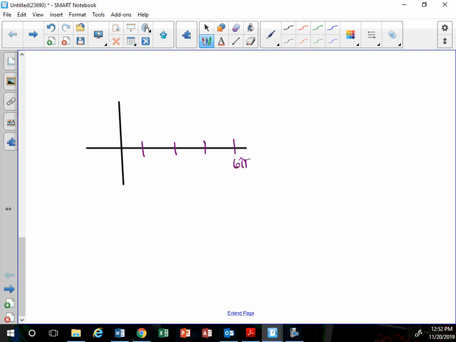You told me the period is 6 pi, right? What are the other labels going to be if I were graphing this? What's going to be in the middle? 3 pi. What's this first one going to be? I don't even care what the third label is, because if you look at the graph, it has done this.